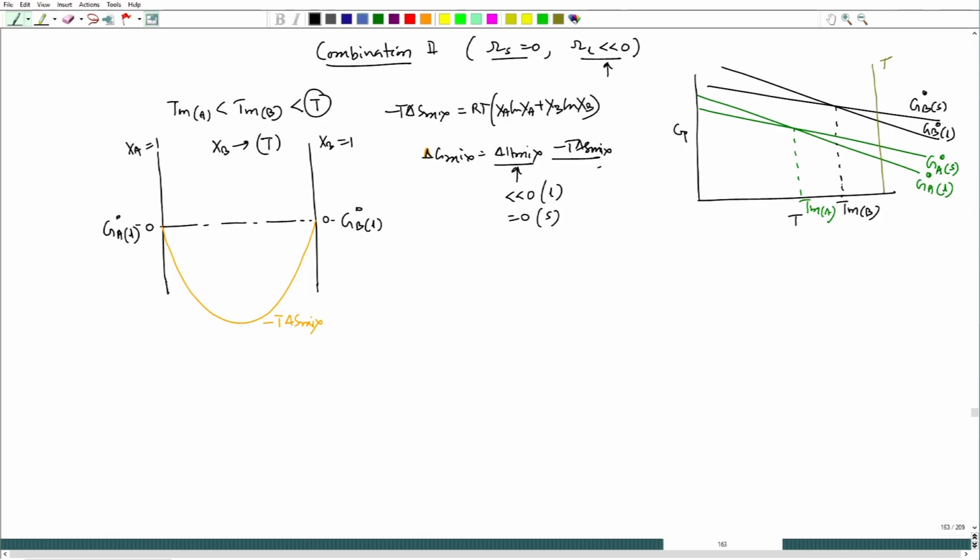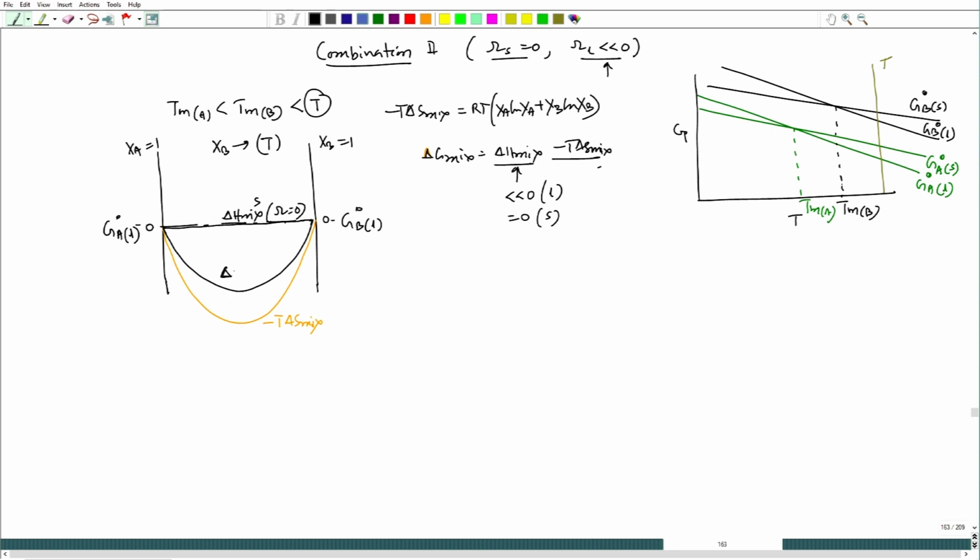So, let me draw delta G mix for both liquid and solid solutions. For solid solutions, this will be my delta H mix, since omega equals 0. Now, if I draw liquid, this is for solid. For liquid, let us say this is highly negative.